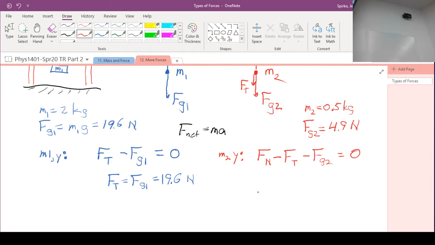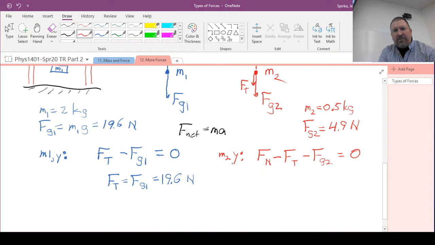So this normal force on the table is coming from the ground. So that normal force points away from the ground. But that's a decision we make up here while we're making our diagram. Once we go from the diagram to the equation, we just say that Fn was up, the label went off the screen, so it's positive. The Ft is down, so it's negative. The Fg2 is down, so it's negative.